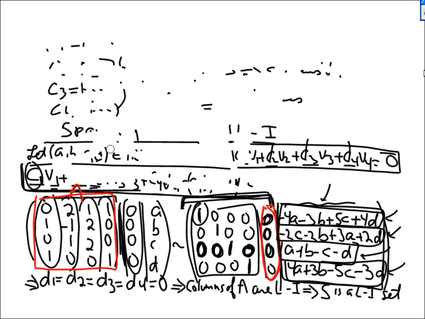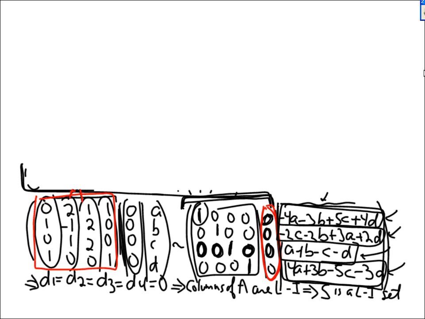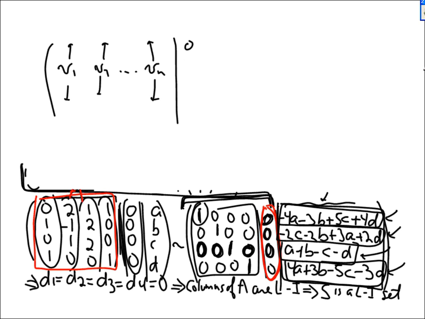So basically, if I gave you any vectors in R4 or any other vector space, what you're going to do is put the first vector, then the second vector, and if you have more, the nth vector, and then augment it with the 0 vector, and then augment it with the right-hand side.